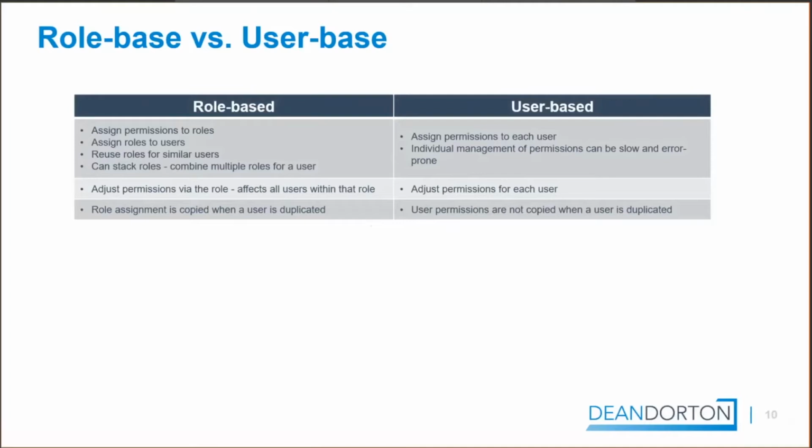You can simply set up a role structure, have a number of users within a role, and then simply manage the role permissions, right? Keep in mind, you can also stack roles. So if you have a user who jumps between accounts payable, accounts receivable, they can have both roles, right? So it's not limited to a single role.